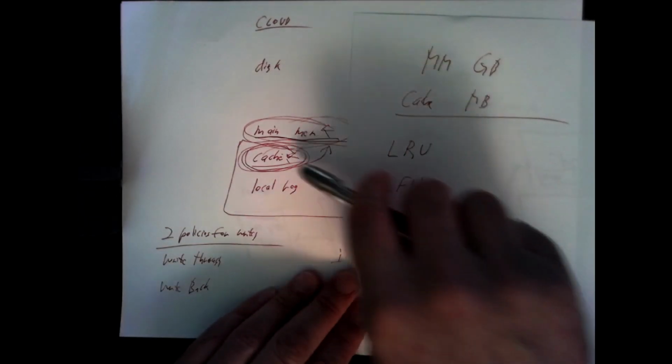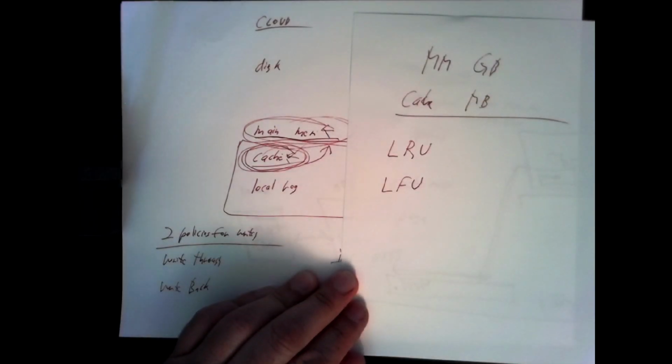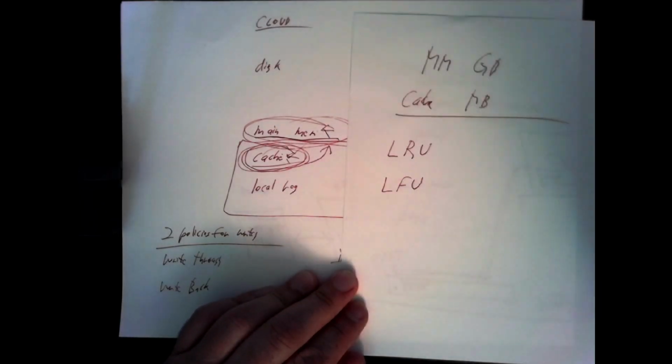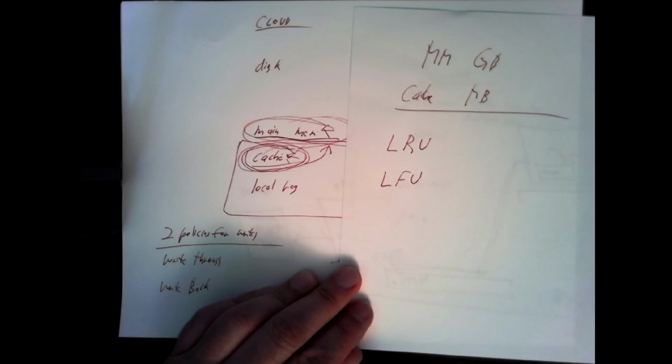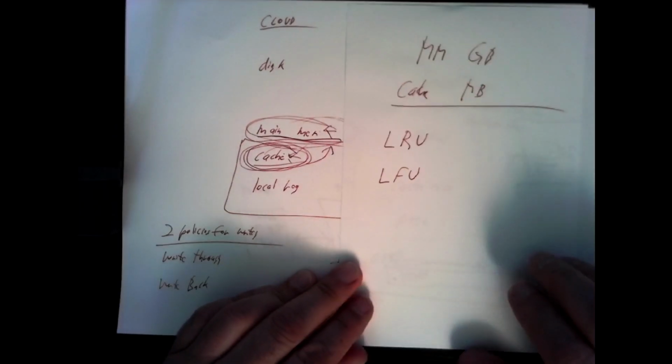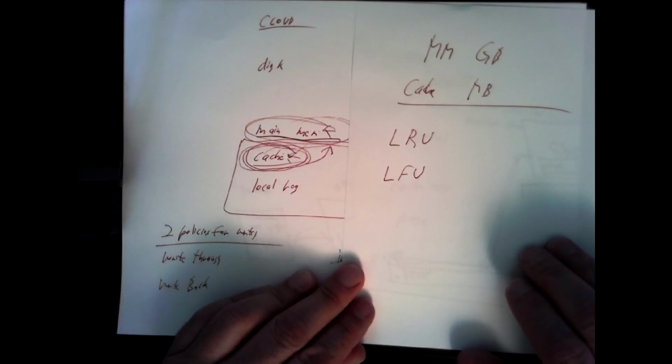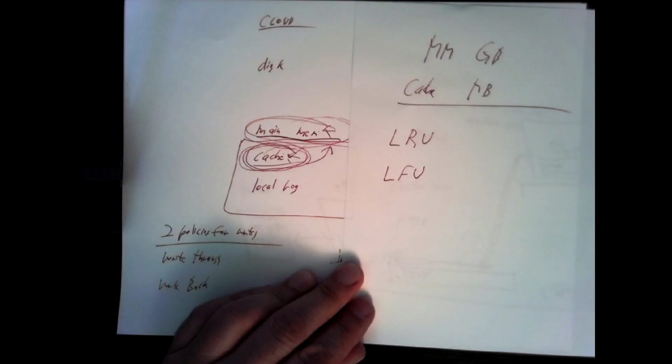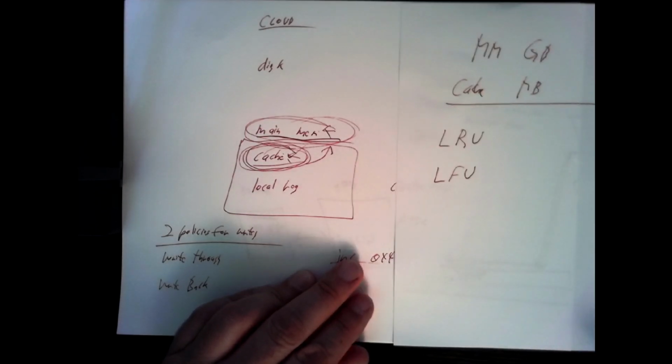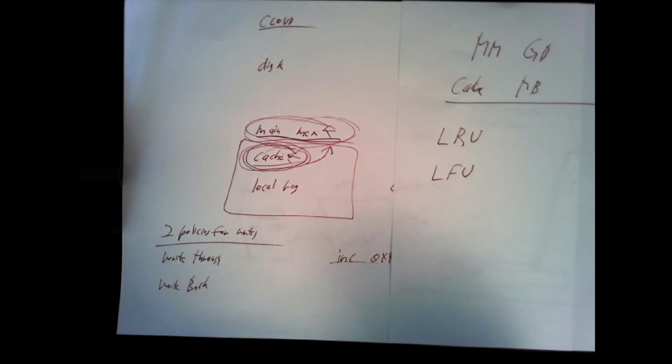Maybe this one hasn't been accessed for a long time, but it keeps getting accessed periodically. So it's more frequently used than something that was fetched recently but not used very often. And this is all the science and art of people who design these kinds of systems, memory management systems, deep pipelined processors, and so on.